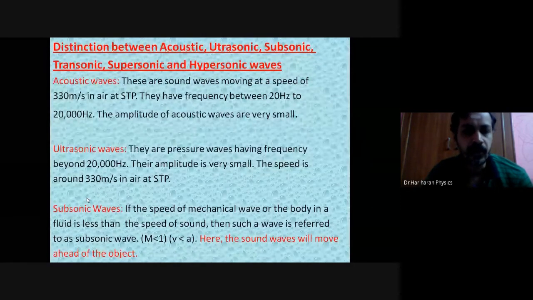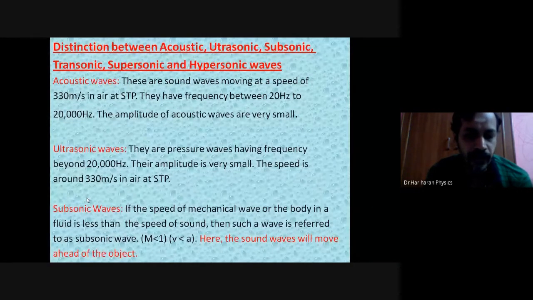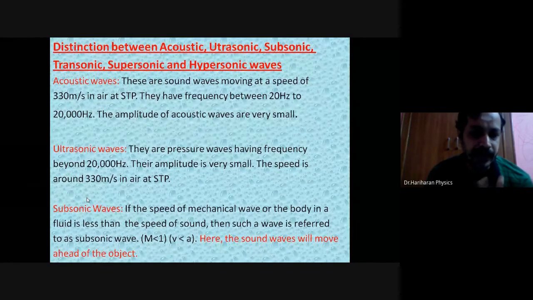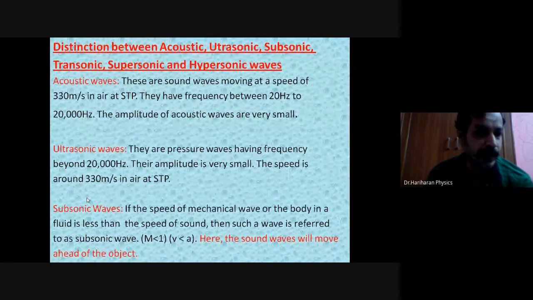Next, as I already told, sound requires a medium to travel. So it is also a wave. Therefore, any wave or disturbance propagating in a medium is characterized by three parameters: amplitude, phase, and frequency.